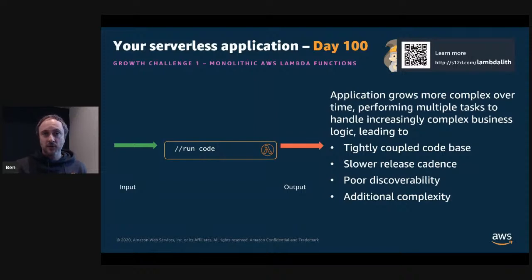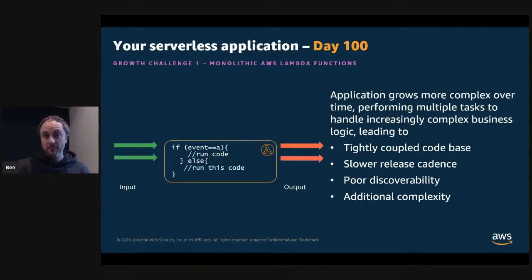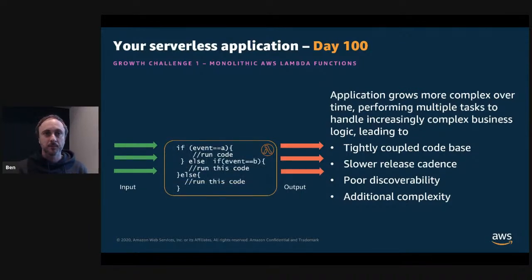So this Lambda function is now needing to accept more inbound requests, process those requests and produce the outputs accordingly. In an effort to keep up with this rapid demand on the business, our development team is resorting back to some old habits, and they're simply adding events to their Lambda function and then having to add additional logic to process those events. And so on and so forth, right? So the good news is that the application is still operating nicely in production.